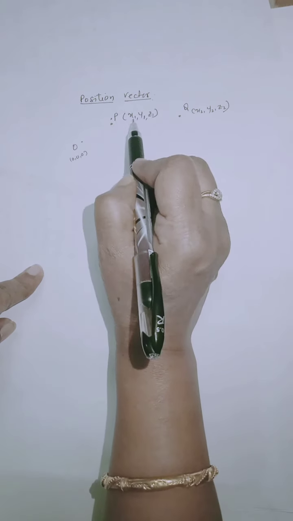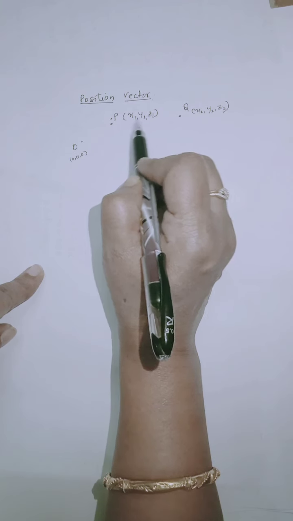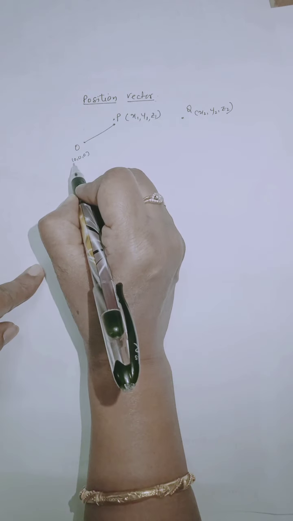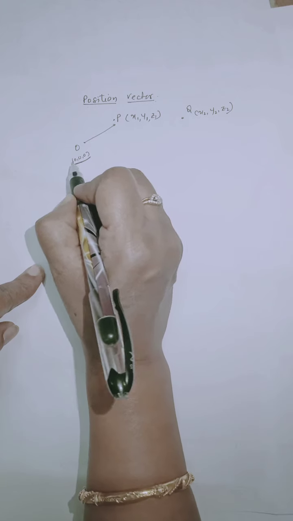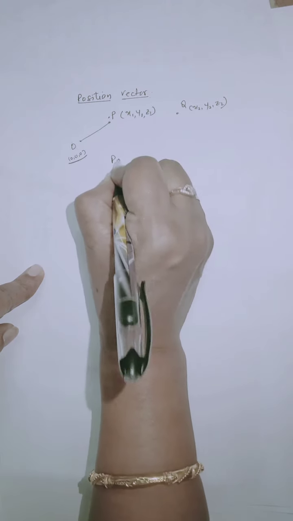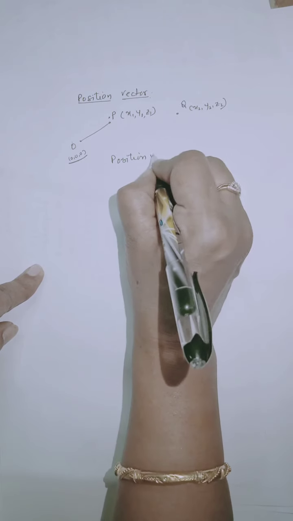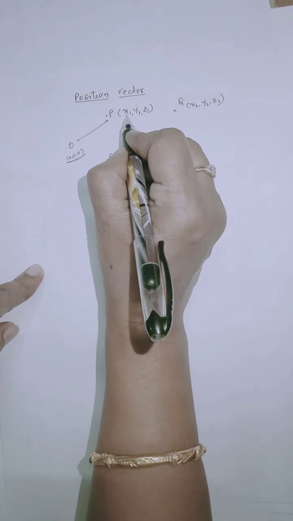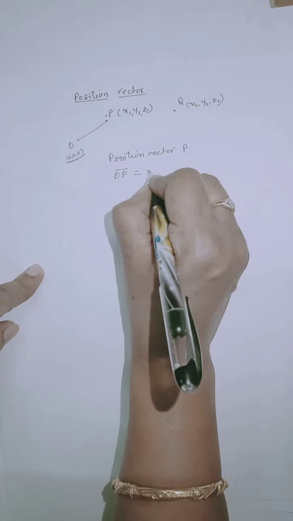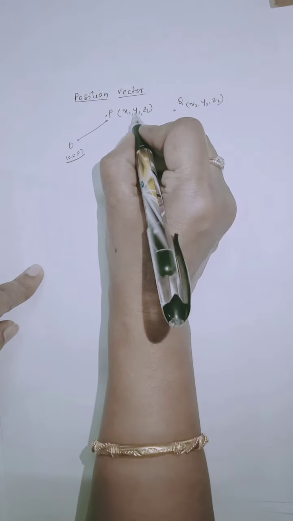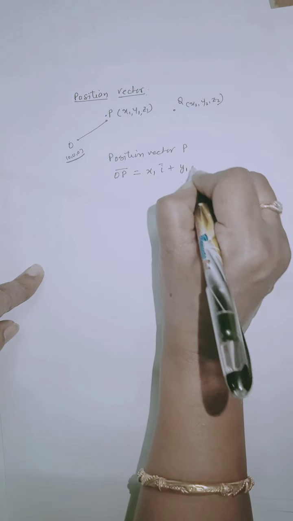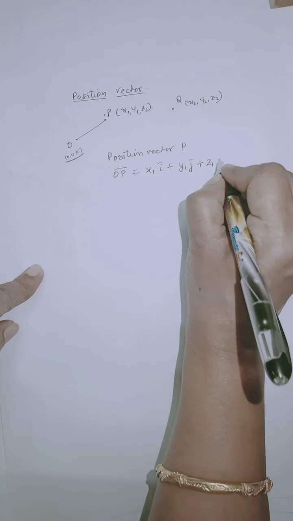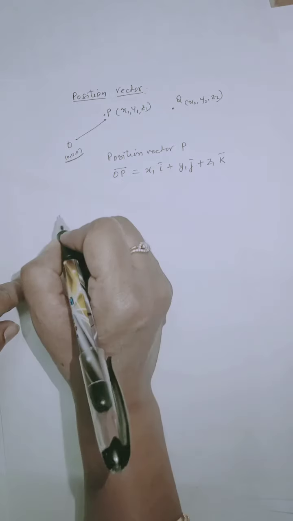So suppose P is any point with the coordinates x1, y1, z1, then its position vector is called OP, and position vector is always taken from the origin O. So the position vector of P will be called OP, and this will be x1 minus 0, that is nothing but x1 i plus y1 minus 0, that is y1 j plus z1 k. This is the position vector for P.